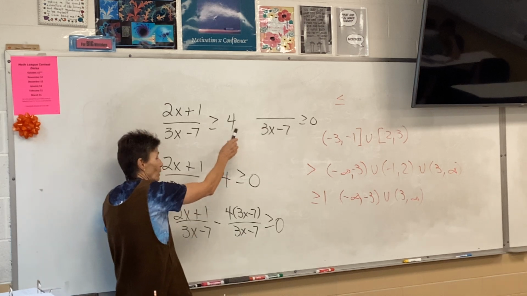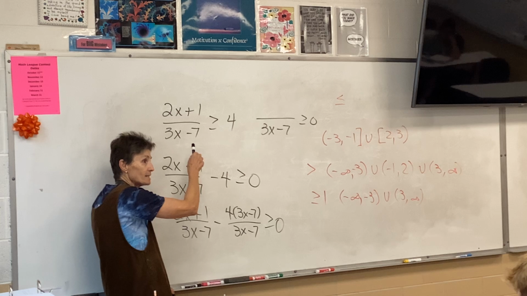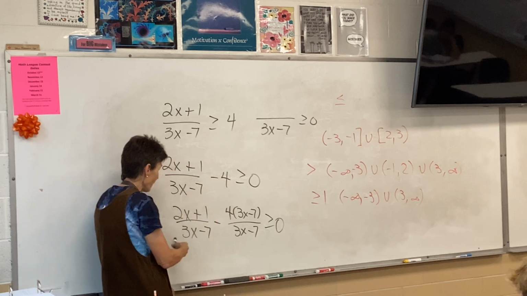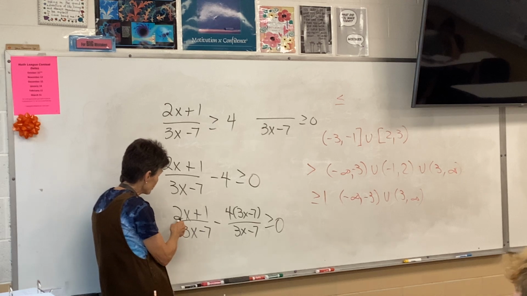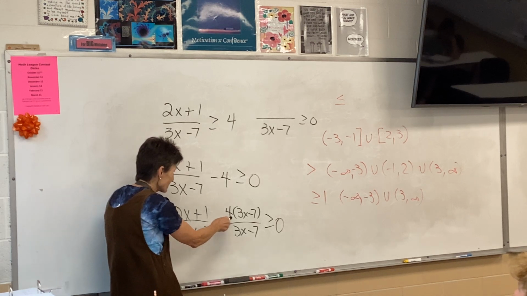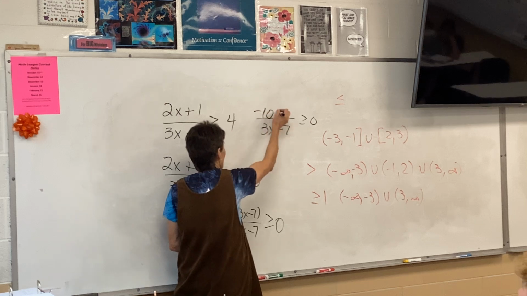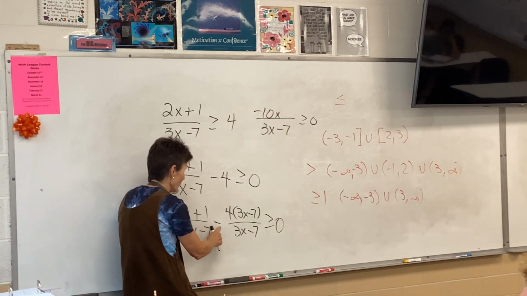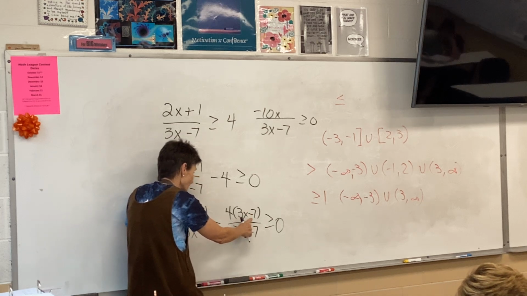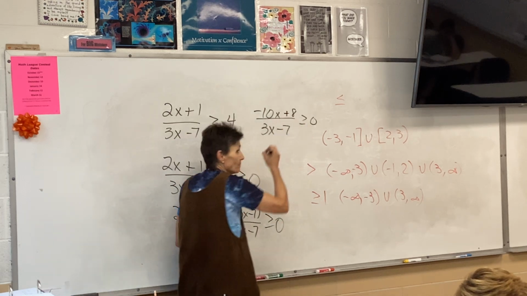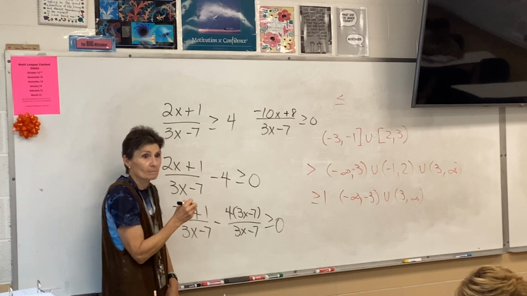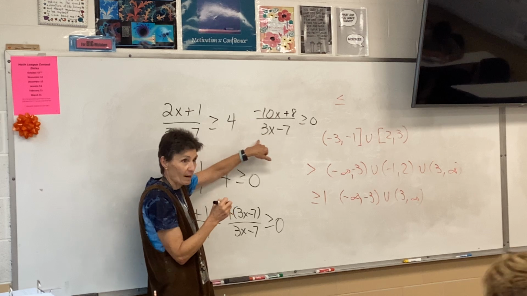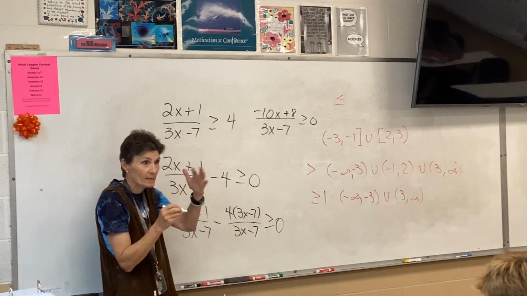So I'm going to move whatever number is over here to the other side. And then I get a common denominator so I can combine it. So what am I going to have? 2x minus 12x, negative 10x. And then 1 plus 28, 29. Now I would have a dot for the top and a dot for the bottom, and I could do my shading and all that.